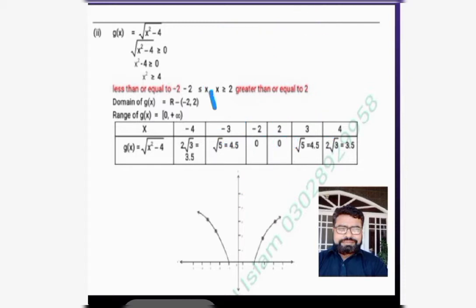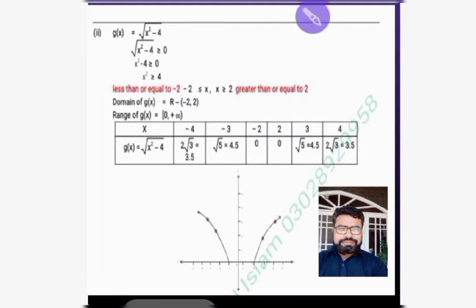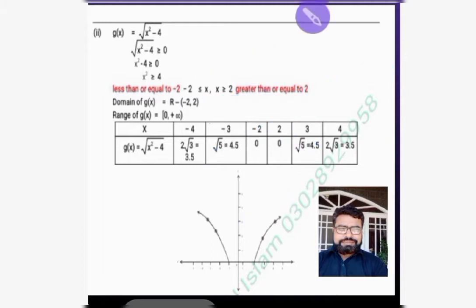If we put 1 here, 1 square minus 4 is minus 3, and again it's a negative sign in square root, so it is a complex number, so 1 is not a domain. If we put minus 2 here, minus 2 square is equal to 4, 4 minus 4, the answer will be 0, and square root of 0 is 0, so minus 2 is a domain.